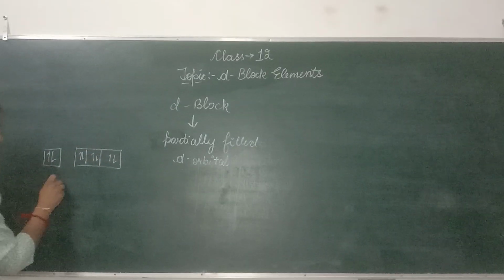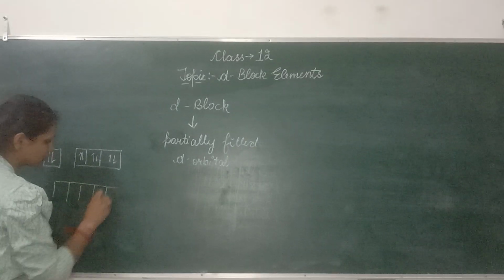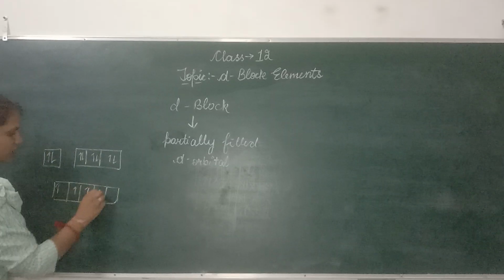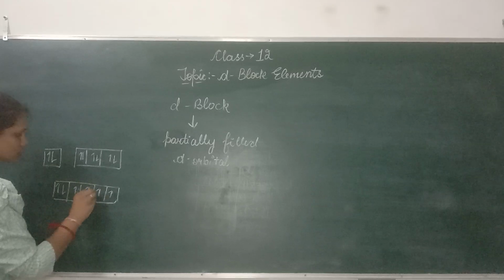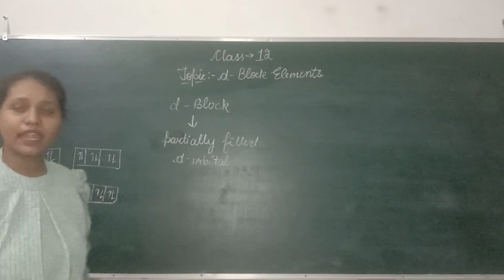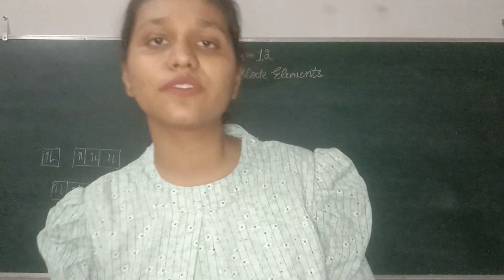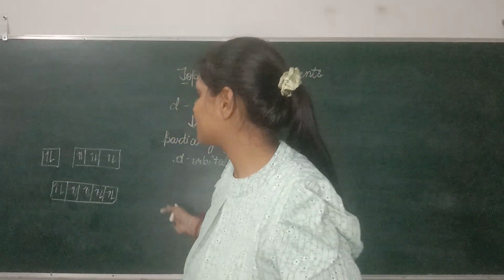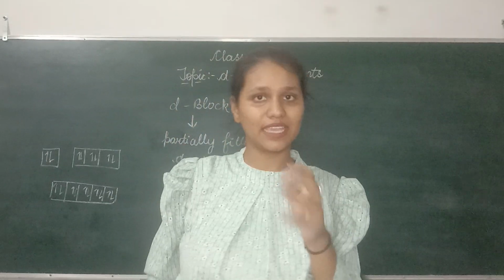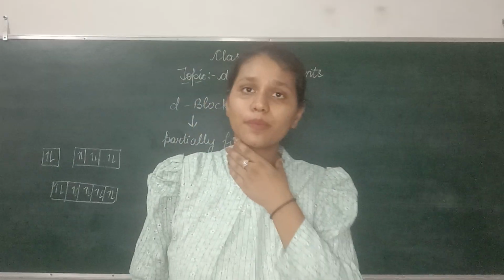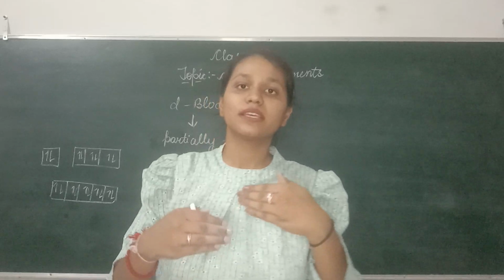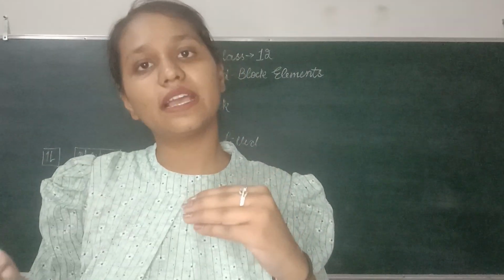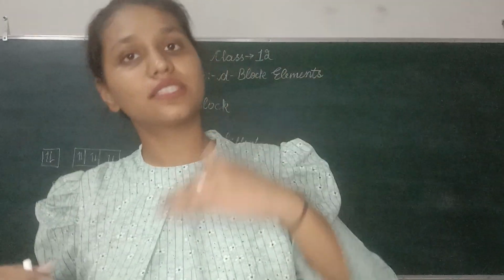But in the D block, 5 sub-orbitals are present, and in total 10 electrons can be occupied. The D block elements include an incomplete d orbital, meaning some 7 or 8 electrons are present. Due to the presence of unpaired electrons, electrons are shifted from the lower energy level to a higher energy level due to their greater instability.